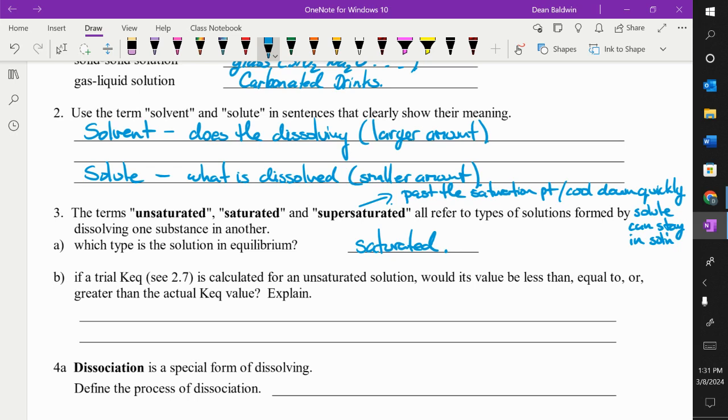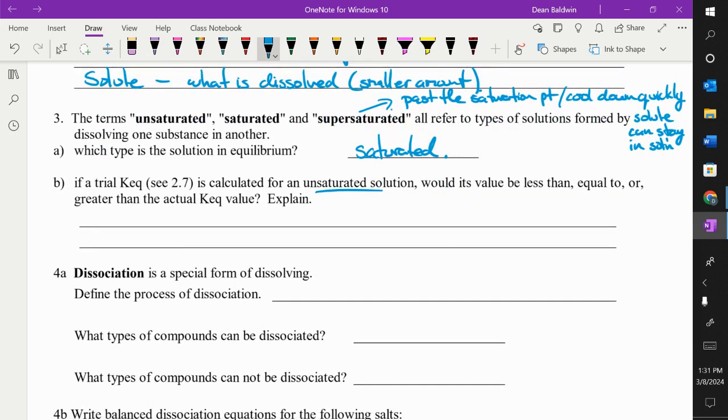Who says less than? You don't have to raise your hand. Who says greater than? Anyway, it's less than, because you're unsaturated.